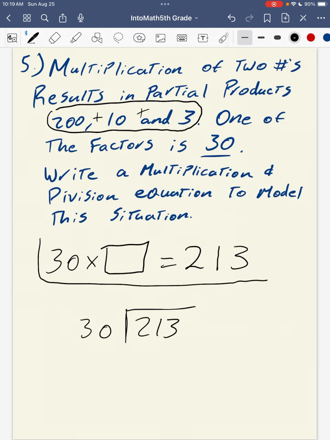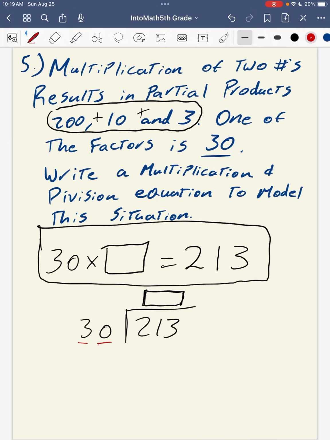So as a multiplication problem, we have 30 times blank equals 213, and 213 divided by 30 will equal the unknown number. It's not asking for us to solve the equation, just to figure out what our multiplication and division problems would look like.